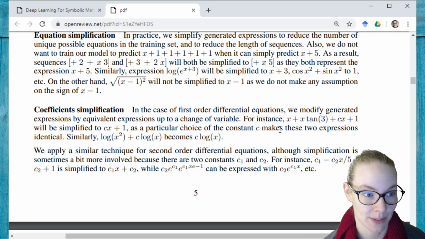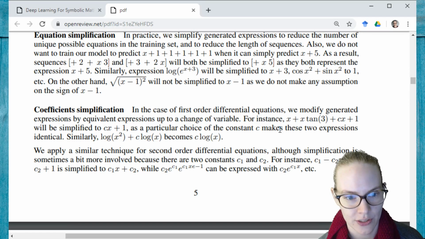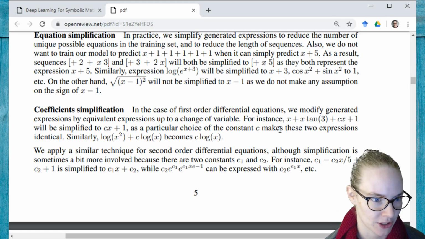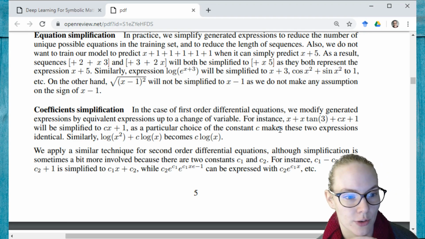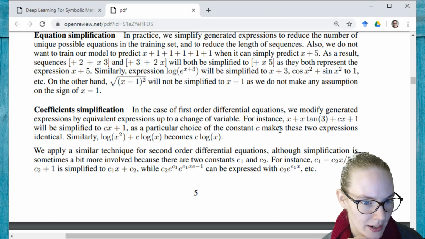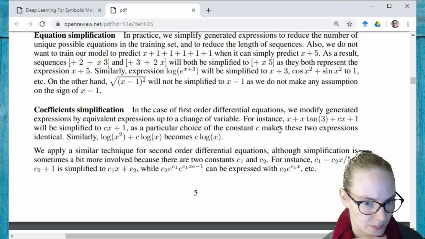All right, coefficient simplification. In the case of first order differential equations, we modify generated expressions by equivalent expressions up to a change in variable. For example, x plus x tan 3 plus cx plus 1 will be simplified to cx plus 1, as a particular choice of the constant c makes these two expressions identical.